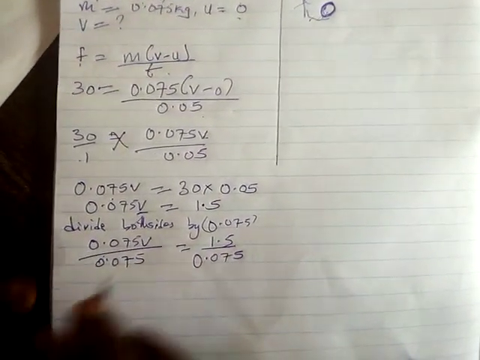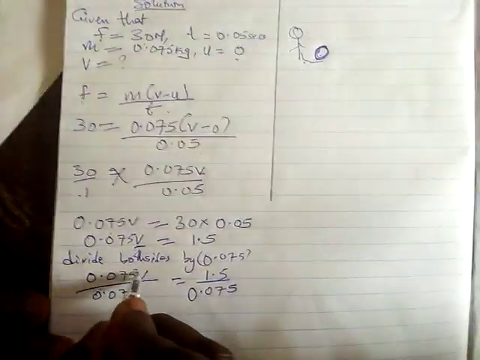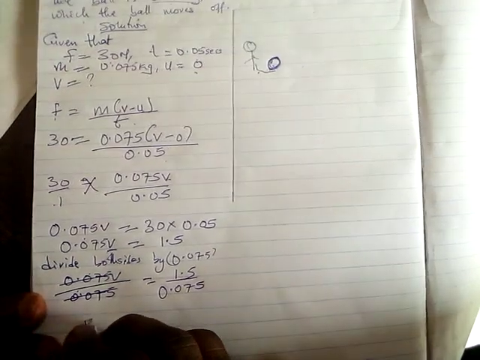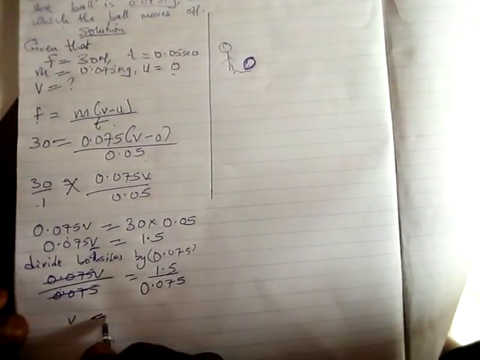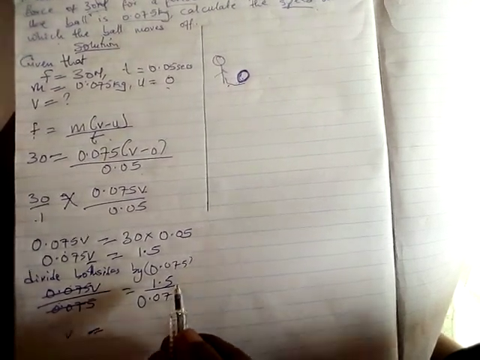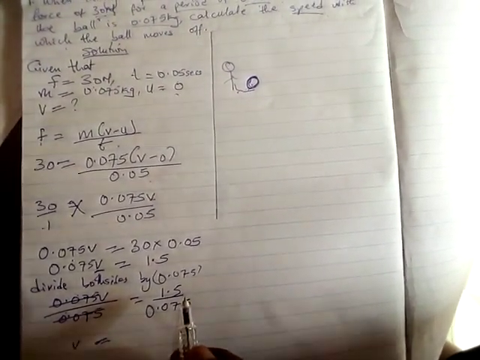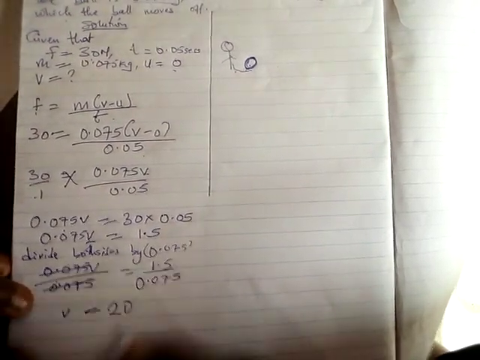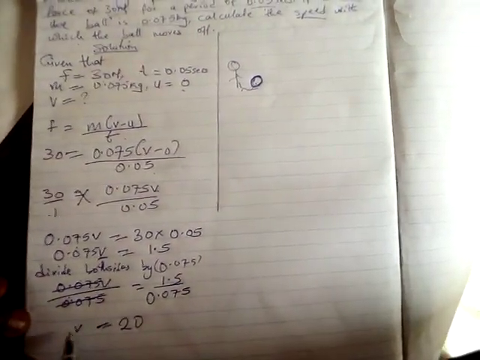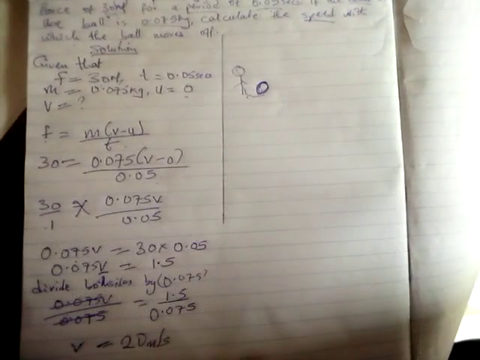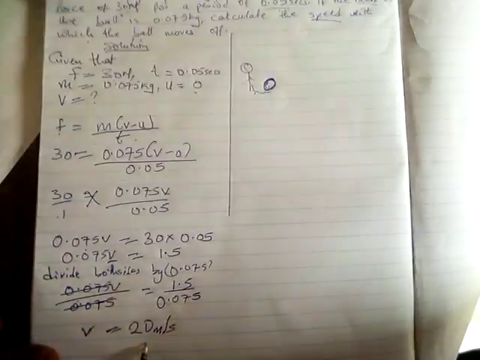At this point 0.075 divided by 0.075 cancels, and you are left with V on this side, equals 1.5 divided by 0.075. What will that give you? That will give you 20. You see that now? And the unit of velocity is meter per second, and that gives us our final answer.